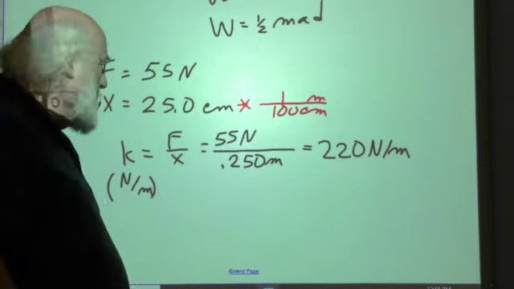Okay, let's take a look at another scenario. What is the amount of work performed on that spring in this problem? Okay, so let's take a look at that.